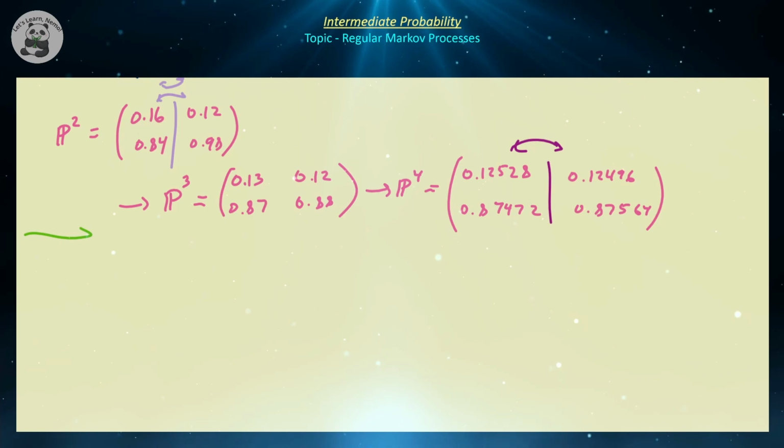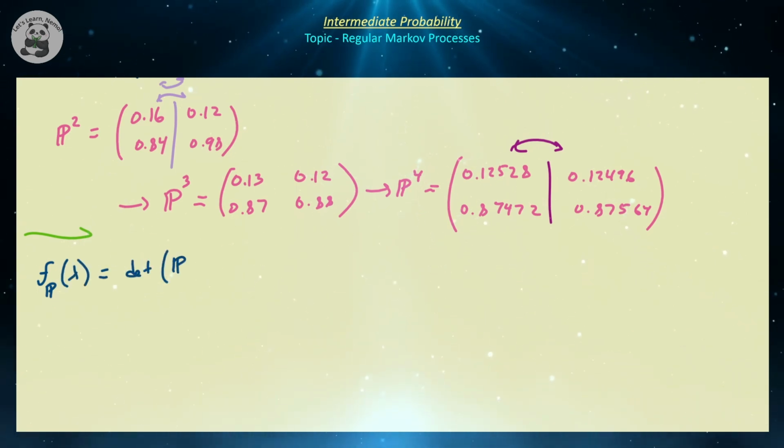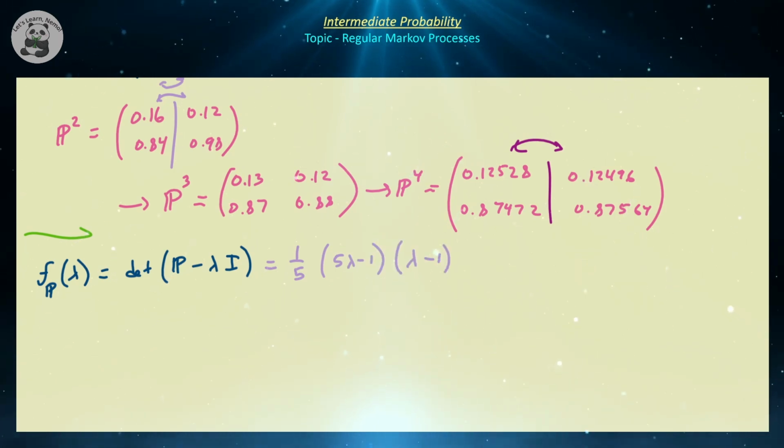Indeed, yes. So what I want to do is take the characteristic polynomial for this matrix, which, keep in mind, if you don't remember how to find it, is just the determinant of our matrix minus lambda times the identity matrix of the same size as P. Once you do this for our particular stochastic matrix, once factored you're going to have 1/5 times (5 lambda minus 1) times (lambda minus 1).